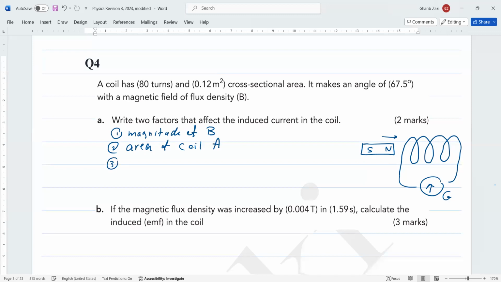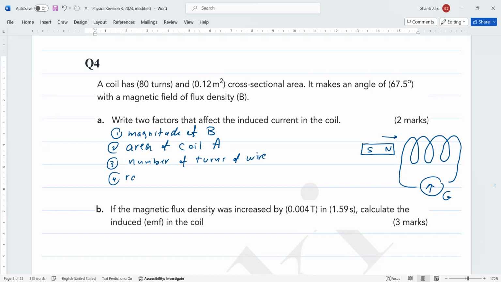Number 3, the number of turns of the coil or of the wire. Number 4, the rate at which the coil turns in the field. It means the rate of movement of the magnet.